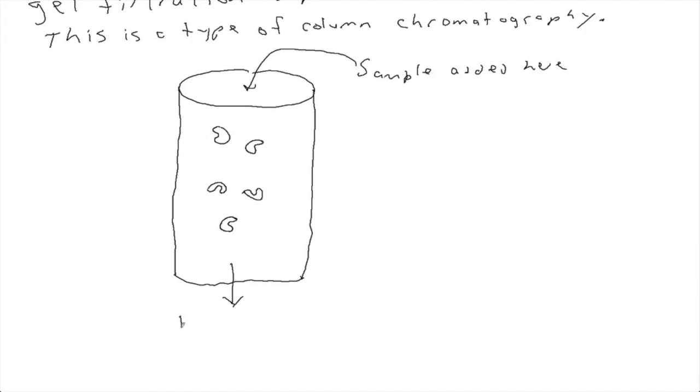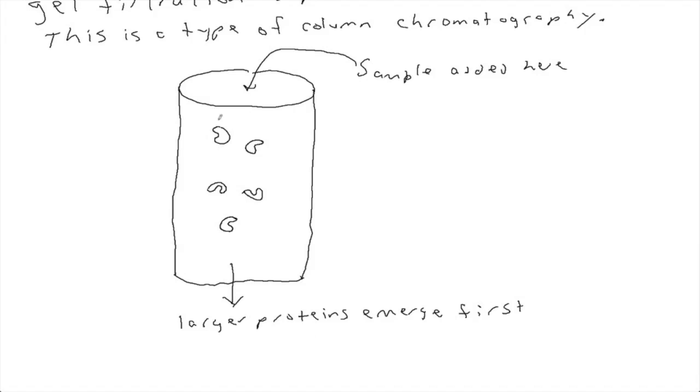The larger. This is a little confusing because notice this is kind of the opposite pattern from the electrophoresis. In the electrophoresis, the larger proteins move slower. But here the larger proteins emerge first. What happened to the smaller proteins? They were trapped by the beads.